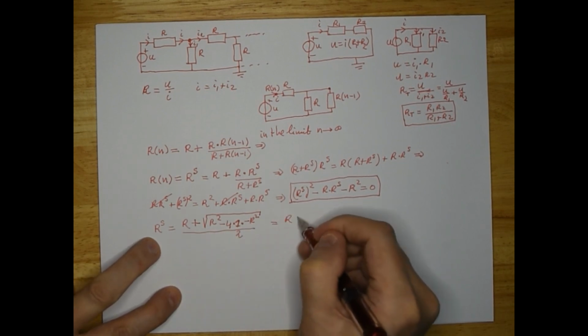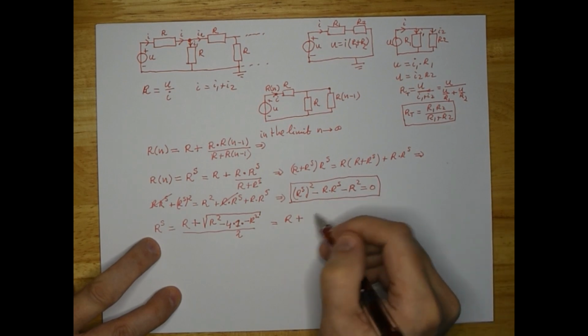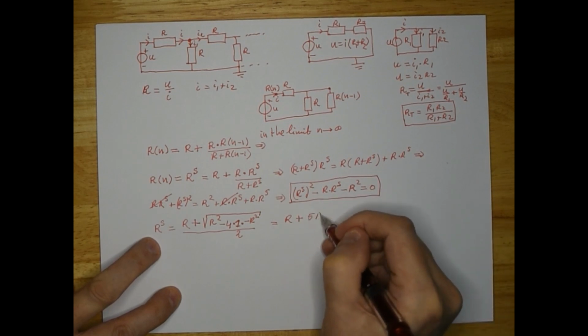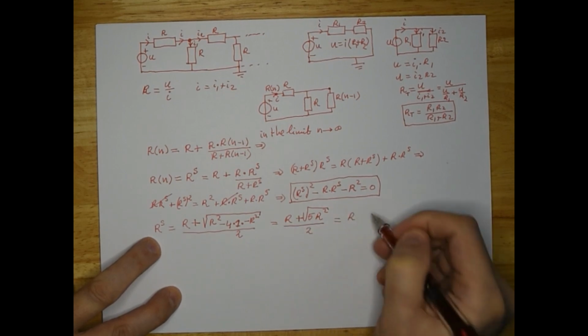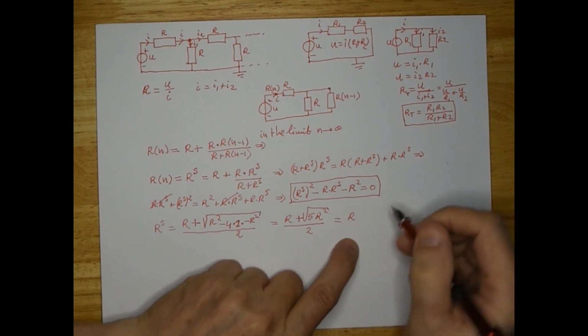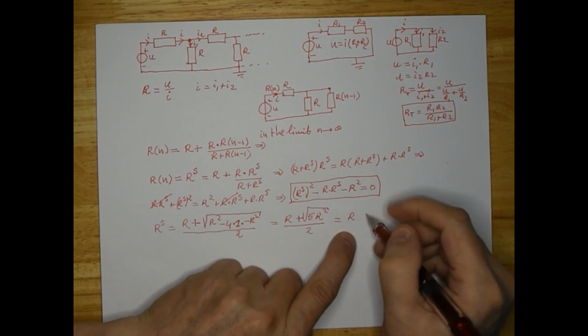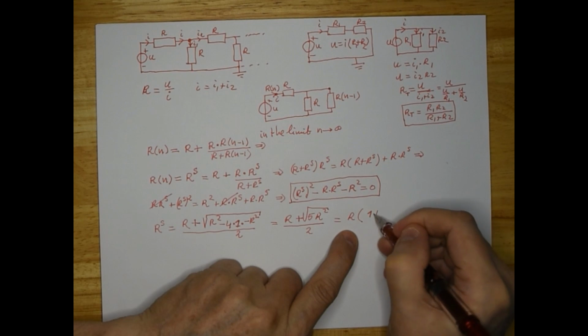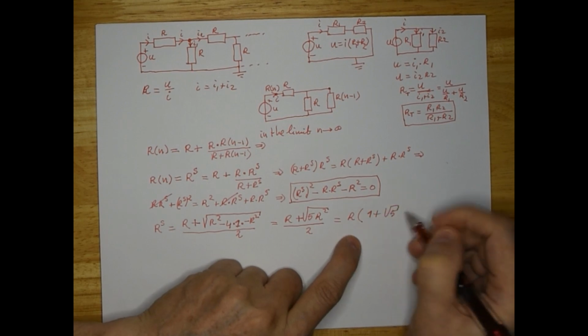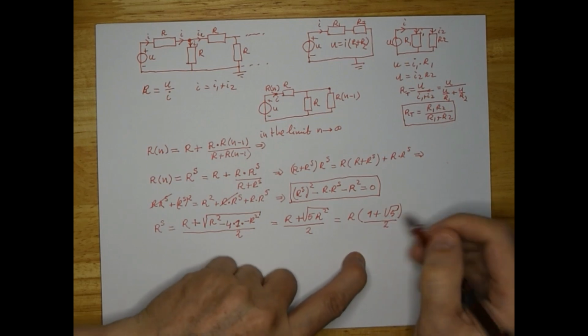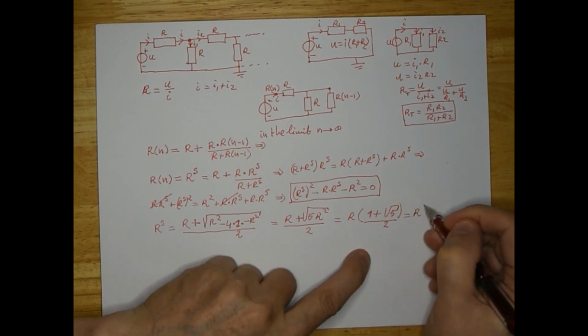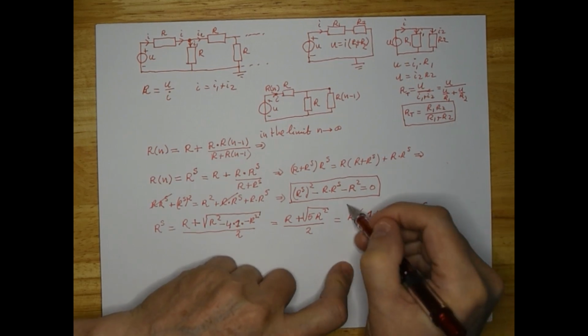And then we get R plus the square root of 5R squared, right, divided by 2, which is R. We can take the R out because it's always positive, and we get 1 plus the square root of 5 divided by 2. And that will be the total replacement resistance of the whole network.